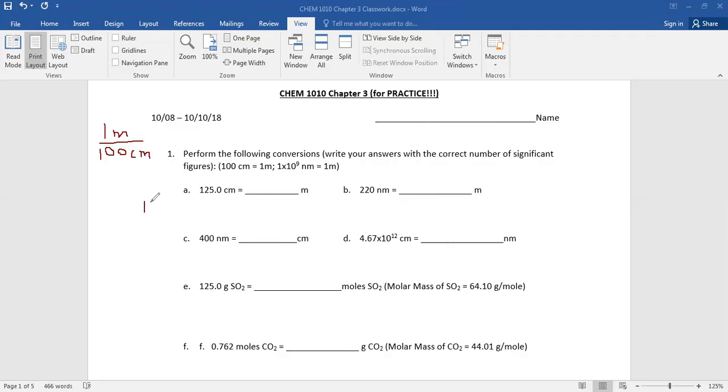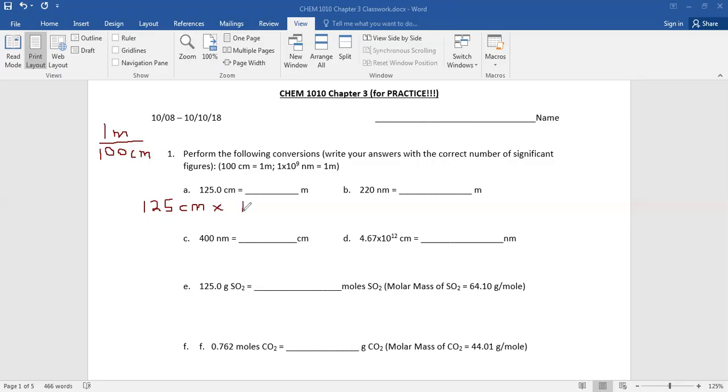And so 125 centimeters is going to be multiplied by that conversion factor. I want to convert from centimeters to meters. So in my conversion factor, centimeters, the unit I want to convert from or get rid of, will be in the denominator. The unit that I want is meters, so that unit needs to be in the numerator of my conversion factor.